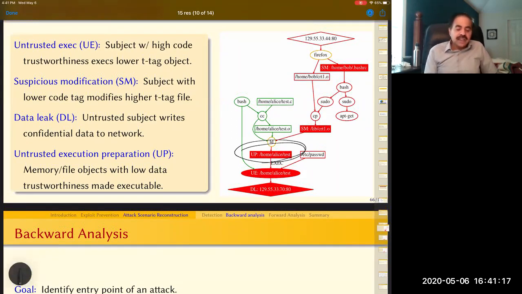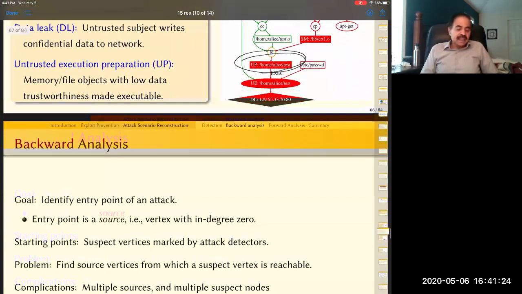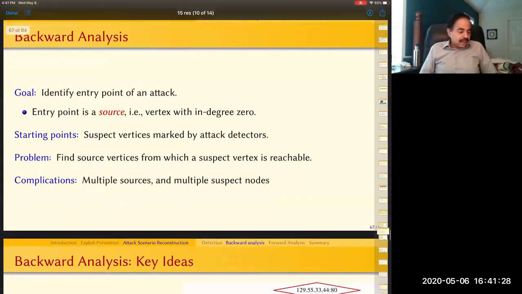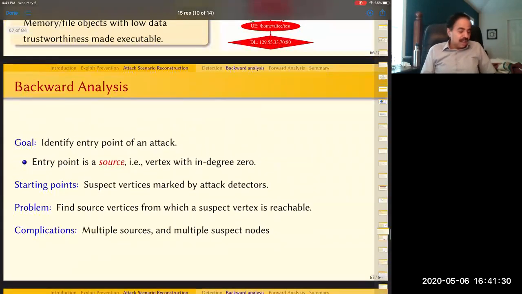And so it's these alarms that cause us to analyze what's going on in the system and then build a picture of what is going on. Once an alarm goes off, there are two things that happen. One is called entry point identification, or backward analysis.